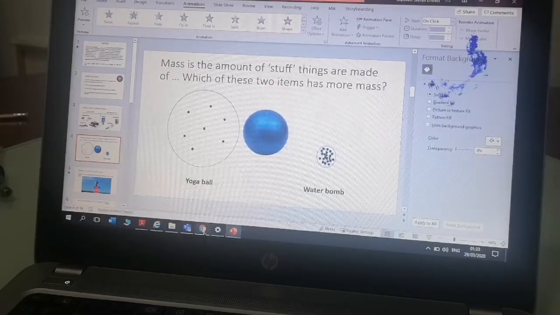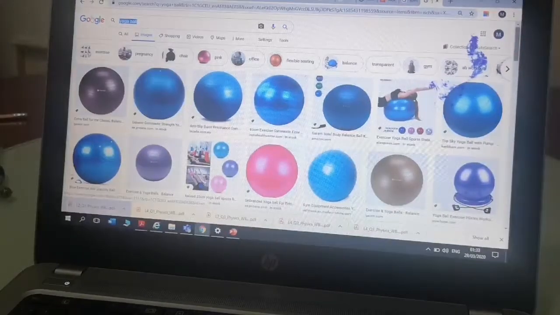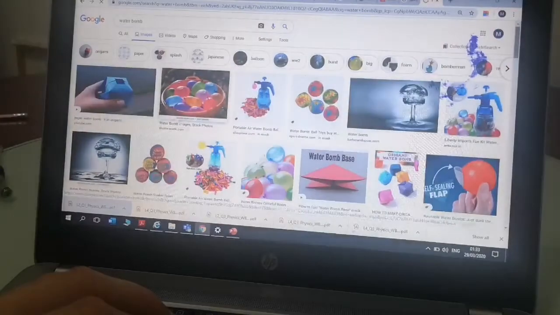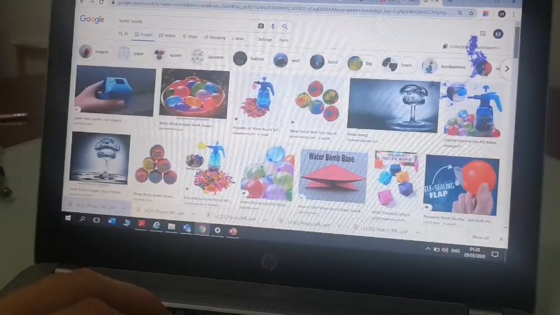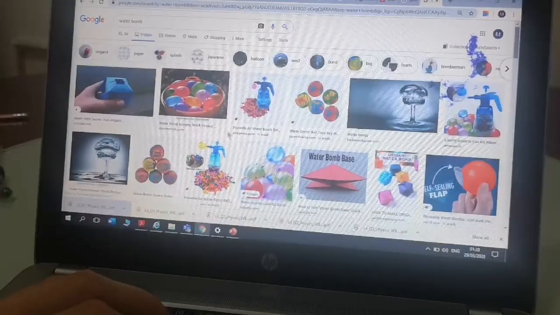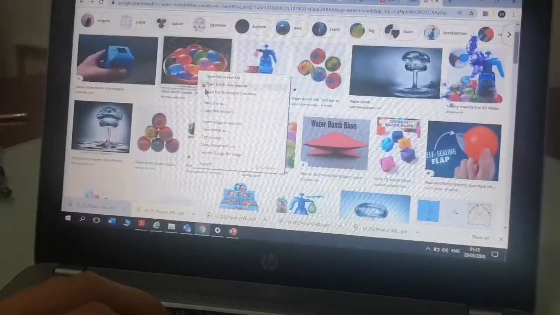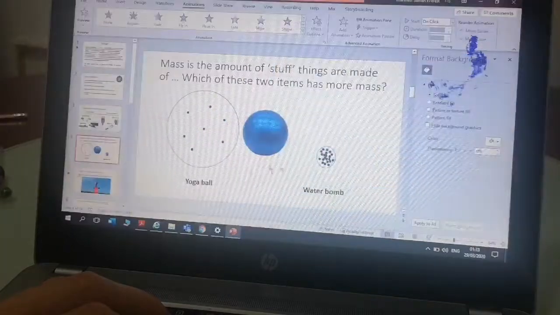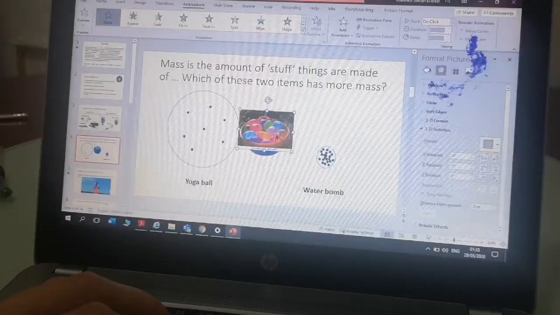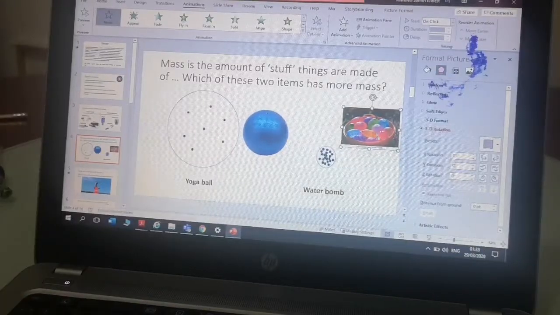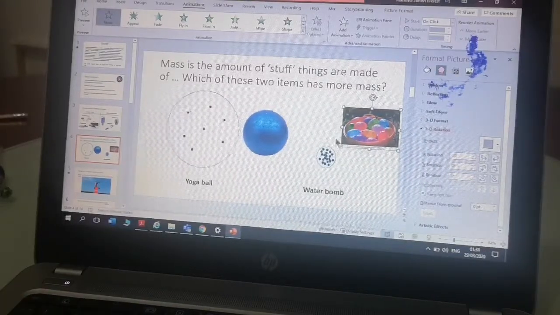And here's a water bomb. What is a water bomb, you ask? It's a balloon filled with water. Yeah, these ones. Now, which one has more mass? The yoga ball or one of these?